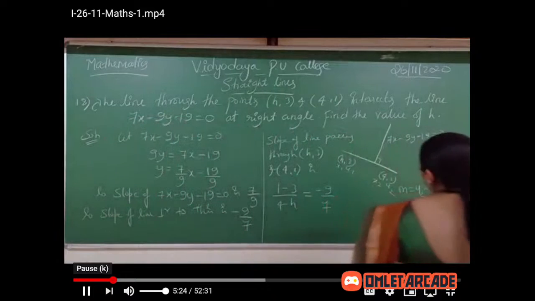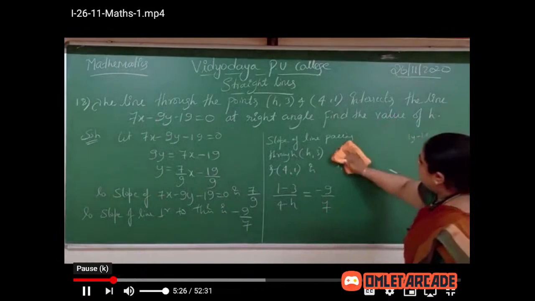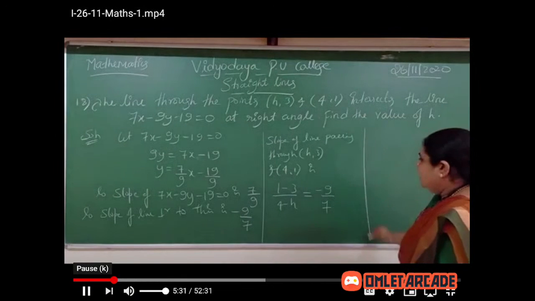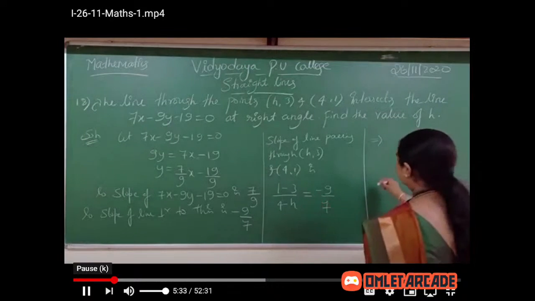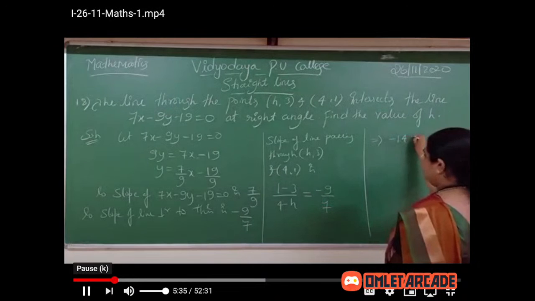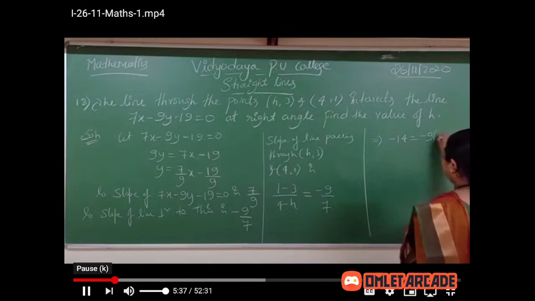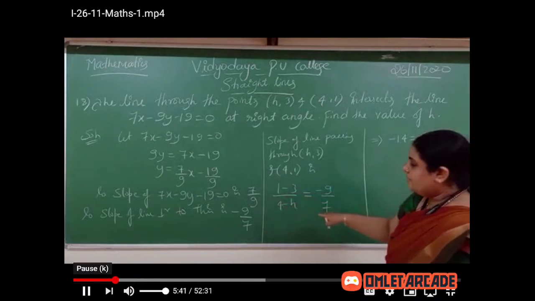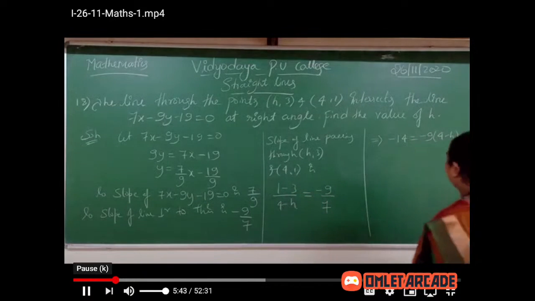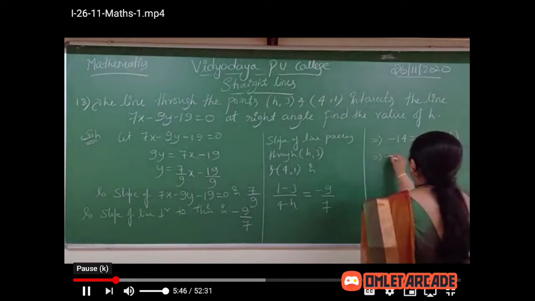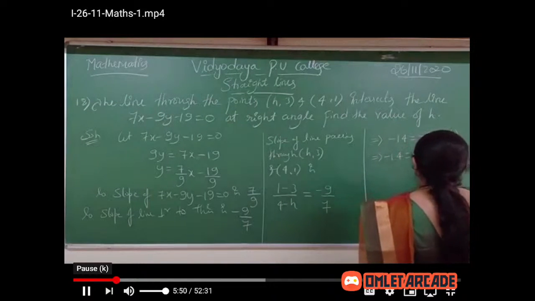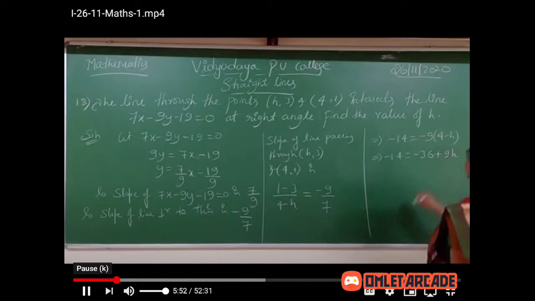So this is just a rough picture. Let me continue here itself. Before that, it's better if you write that rough picture, okay? Let me simplify this. Minus 14 is equal to minus 9 into (4 minus h). This is minus 2 into 7. Minus 14 is equal to minus 9 into (4 minus h). So minus 14 is equal to minus 36 plus 9h.